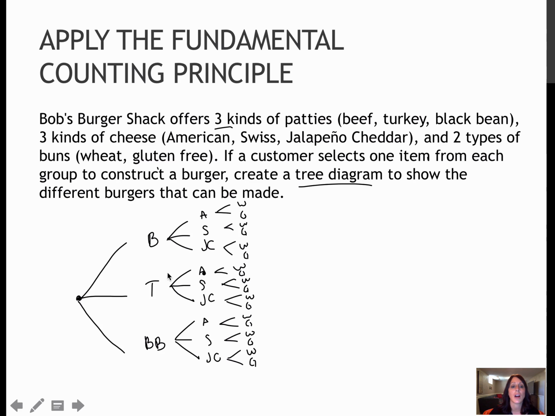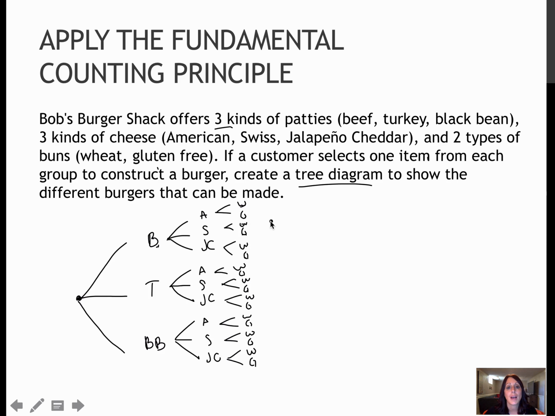The outcomes are that I got a beef burger, American cheese, wheat bread; beef, American, gluten-free; beef, Swiss, wheat; beef, Swiss, gluten-free; beef, jalapeno cheddar, wheat; beef, jalapeno cheddar, gluten-free; etc. Same for turkey, same for black bean. So this is a great way to do it if you actually need to know what every single option is.